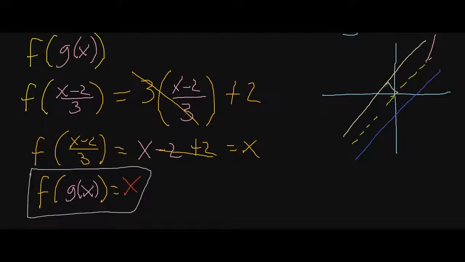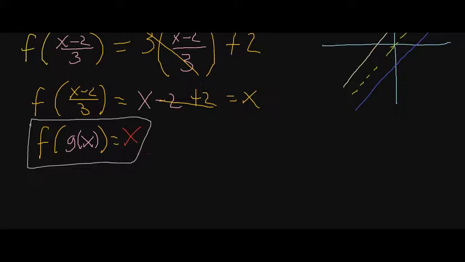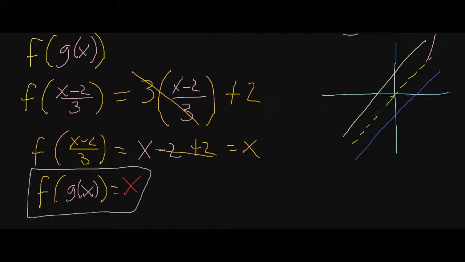If it goes this distance up, and I plug in my inverse function, the inverse does the opposite, so I'm going back to this line here, which is y equals x. That's why we get x back: we're getting back to the line of reflection.